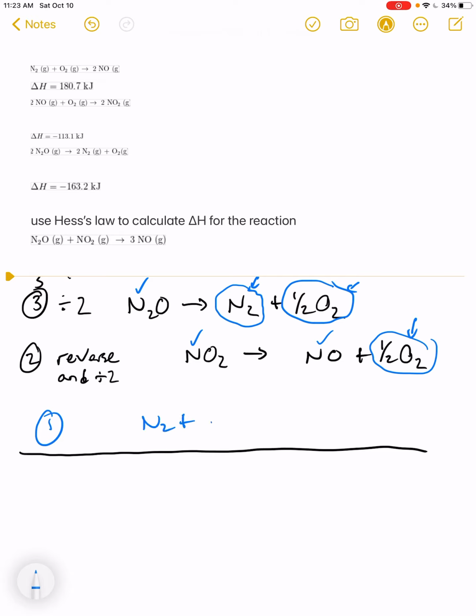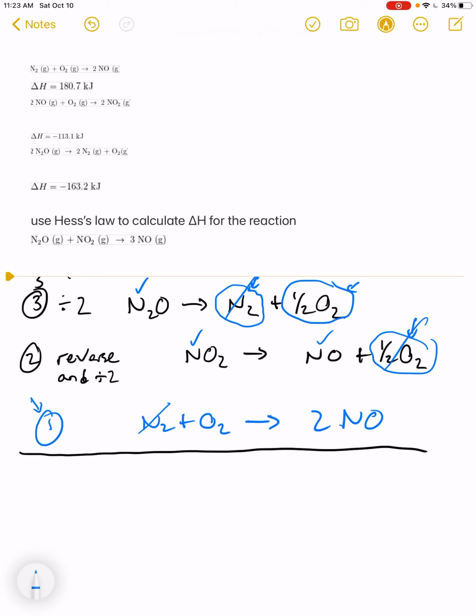N2 plus O2 on the reactant side. That's looking promising because now it looks like we'll be able to cancel the N2 and cancel the O2. So I'm going to finish writing that first reaction. Reaction number 1 is N2 plus O2 goes to 2NO. Now, if I want to add all these together, I should be able to cancel my N2s.